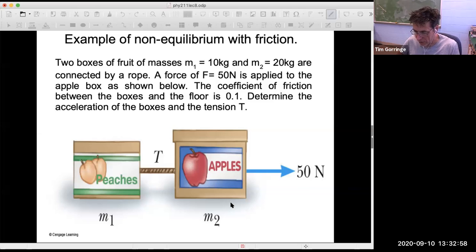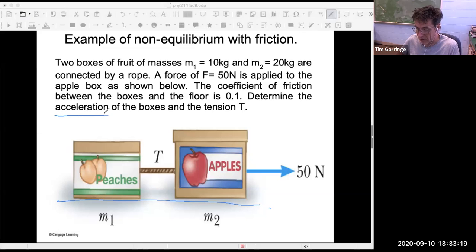We're told that these crates are going to slide across the floor. Here's the floor. And so there'll be friction between the floor and the crates, and we're told the coefficient of friction. And the question asks us to figure out the acceleration of the crates and the tension in this cable or this rope.